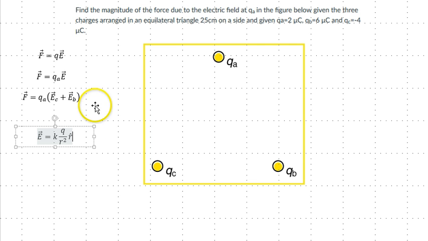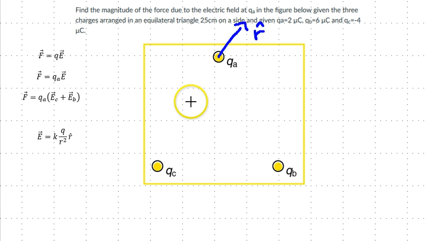The R hat direction is a direction pointing directly away from the charge Q. So if we look at QC and ask which way R hat is, R hat is in that direction. Now, because QC is negative, at the end of the day our R hat is that way, but the electric field EC is going to point back towards QC.